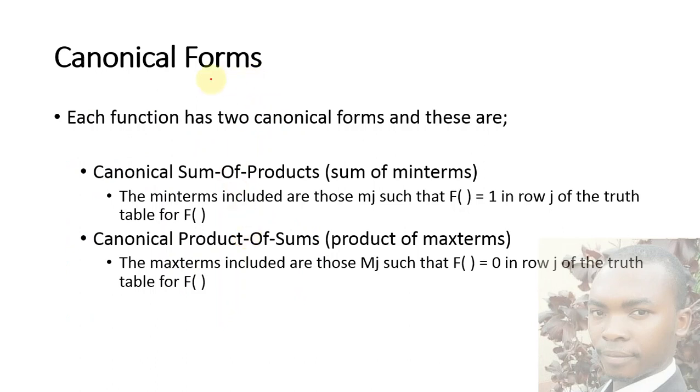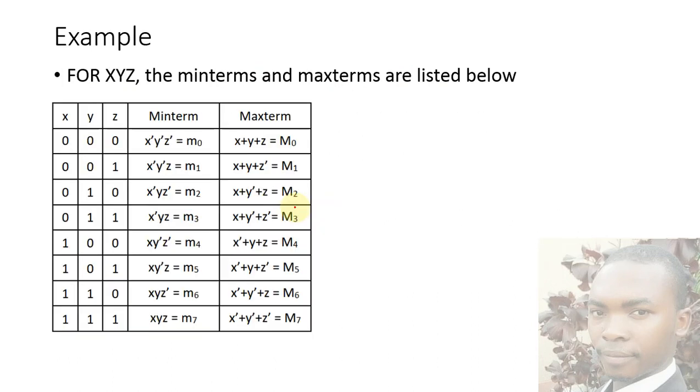All right, so let's look at canonical forms. Each function, for example f of x, maybe is equal to a plus b, can be expressed in canonical sum of products or canonical product of sums, and basically this is what they mean. That function can be a sum of all these here.